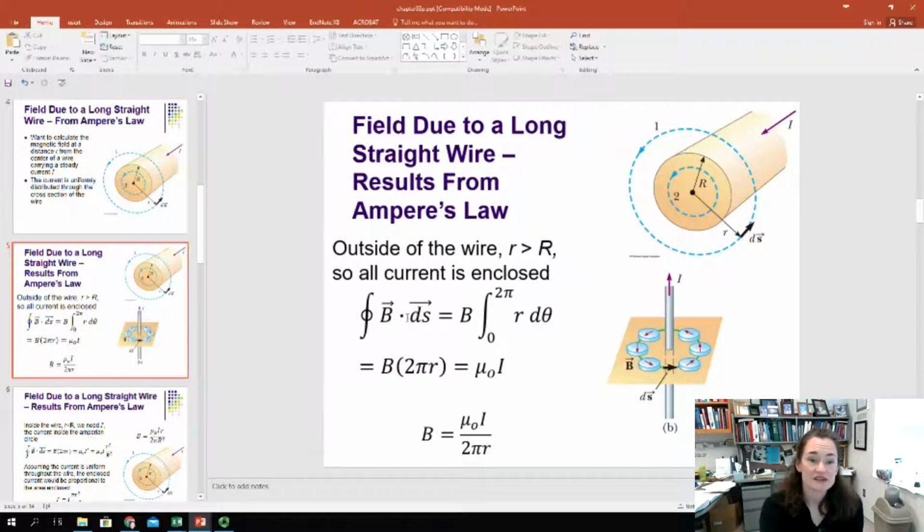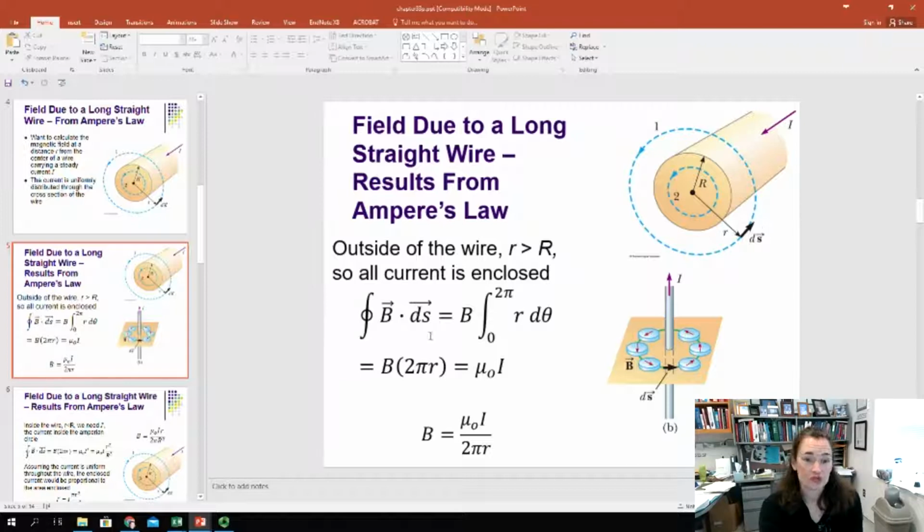Now, this is a vector dot product, B dot ds. You can see that our magnetic field encircles the wire, so it points tangent to that circle. So does ds. So at all points along our line integral, B is parallel to ds.